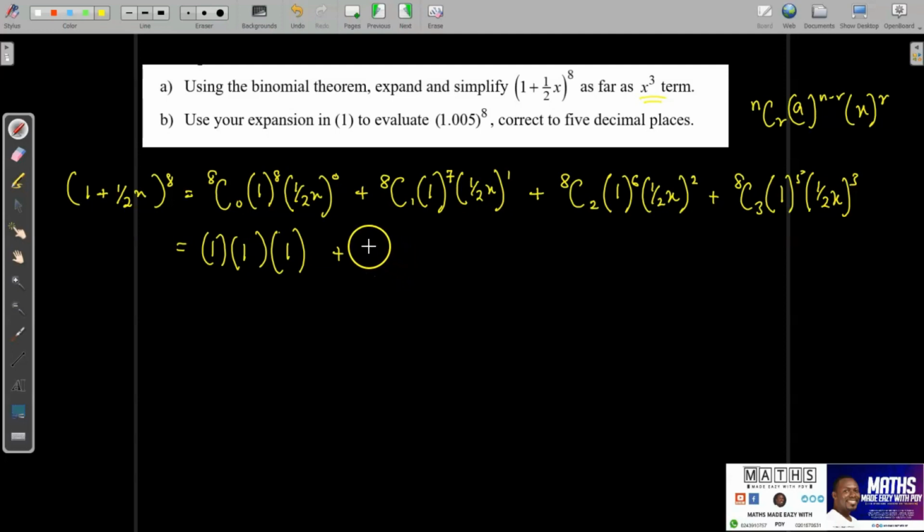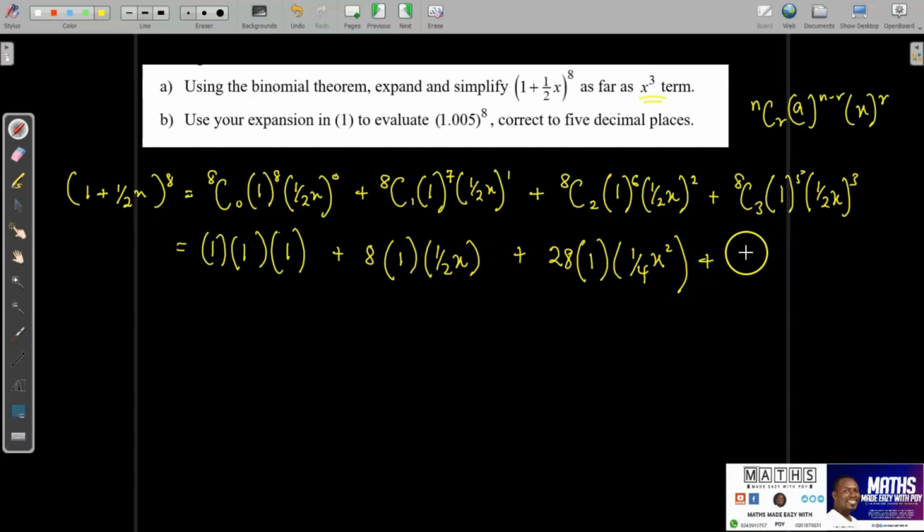Yes, it's 8. Then 1 to the power 7 is the same as 1. Half x all to the power 1 is the same as half x. Then plus 8 combination 2, what's the answer? 28. 1 to the power 6 is 1. And then half x all squared is the same as 1 on 4 x squared.